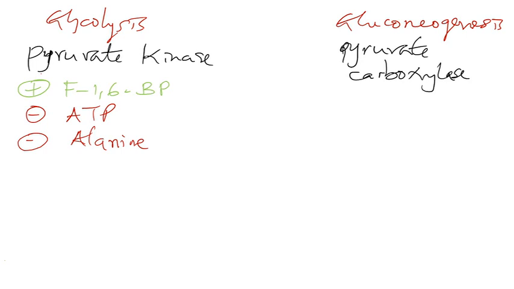Then pyruvate carboxylase is activated by acetyl-CoA, and then it's inhibited by ADP. So these are the points of regulation. I'll leave you to check out the other modes of regulation so that I can talk about hormonal control.